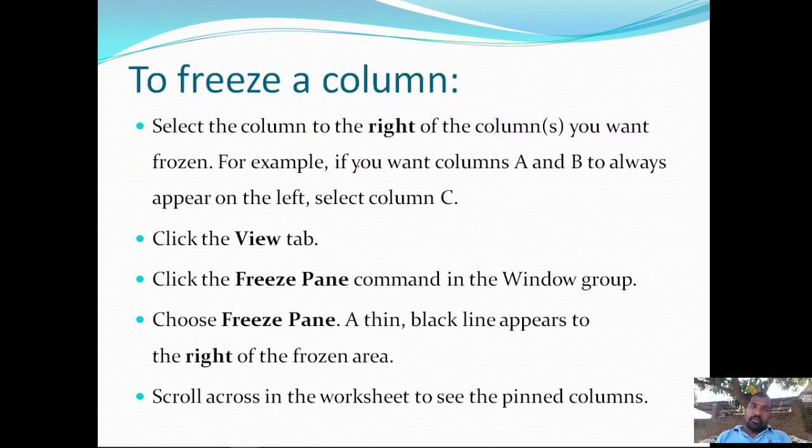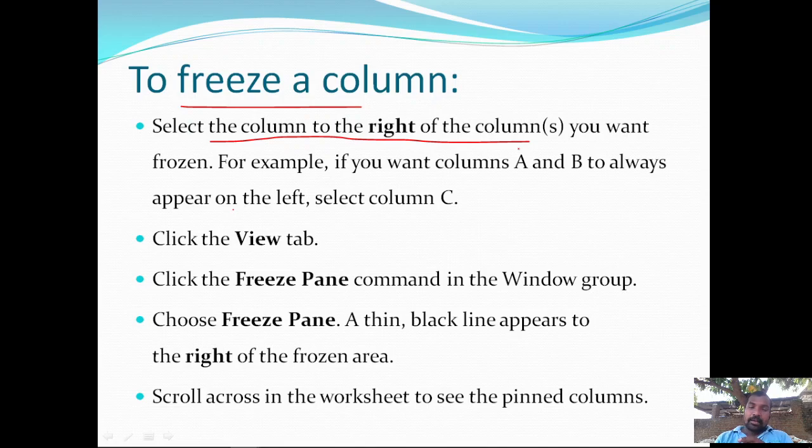Now, to freeze a column, select the column to the right of the columns you want to freeze. For example, if you want columns A and B to always appear on the left, choose column C, then go to the View tab. Click on the Freeze Panes command in the Window group and choose Freeze Panes.